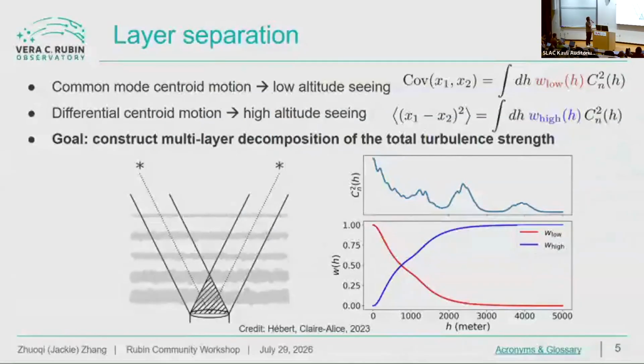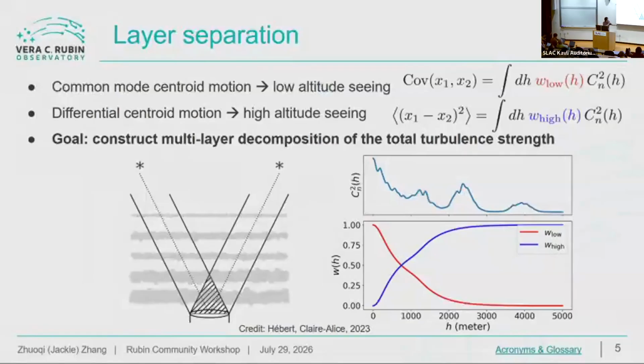This gave us the idea that we can look at the common mode centroid motion, differential centroid motion, or uncorrelated centroid motion to tell roughly where the turbulence is, whether it's from low altitude or high altitude.